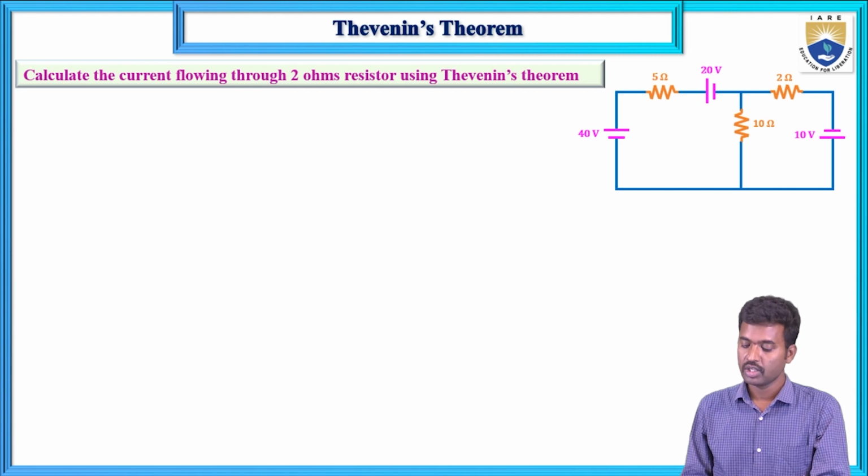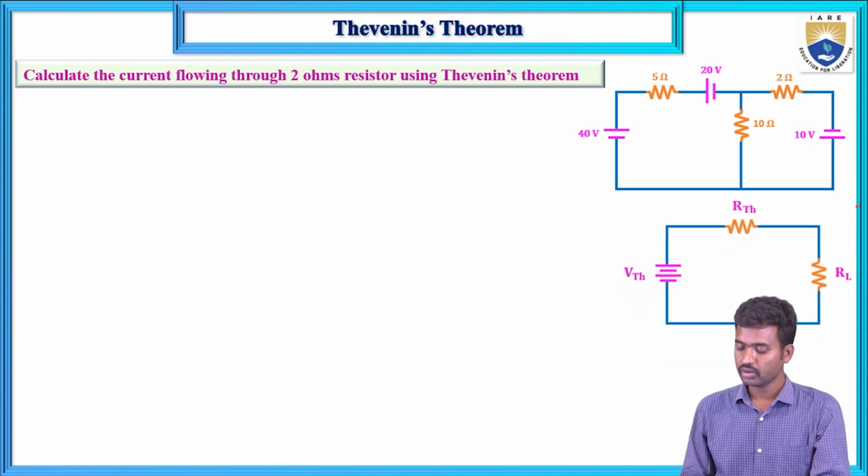First, same thing: the 2 ohms resistor is the load resistance, and the circuit is replaced by a single equivalent circuit. That single equivalent circuit consists of one voltage source in series with the resistance RL equals 2 ohms, in which the current is to be calculated. Now the RTH and VTH calculation. First the VTH calculation.